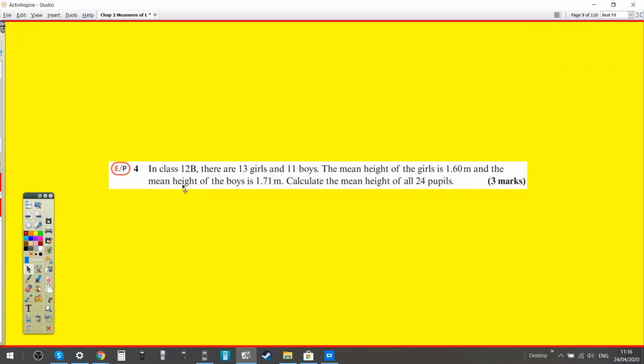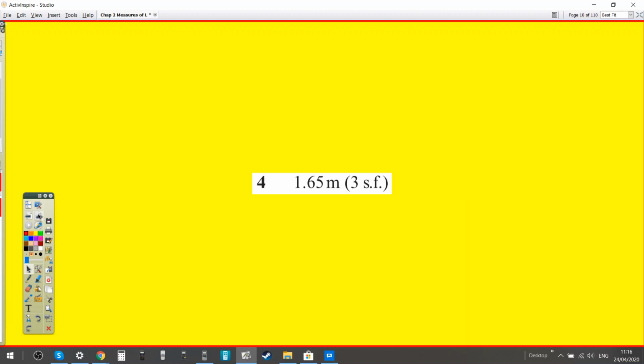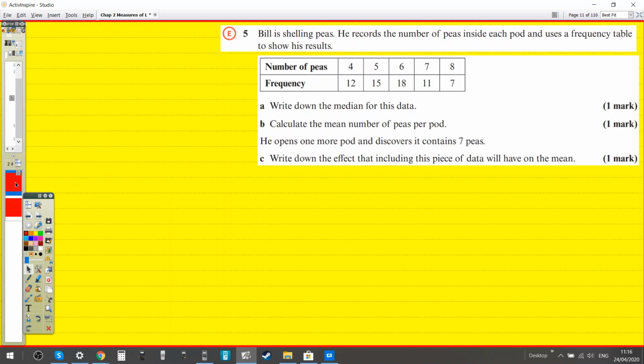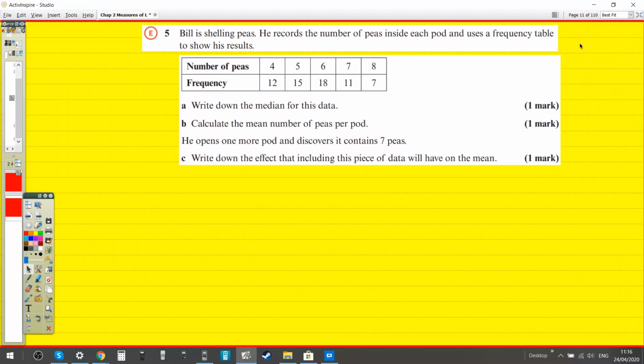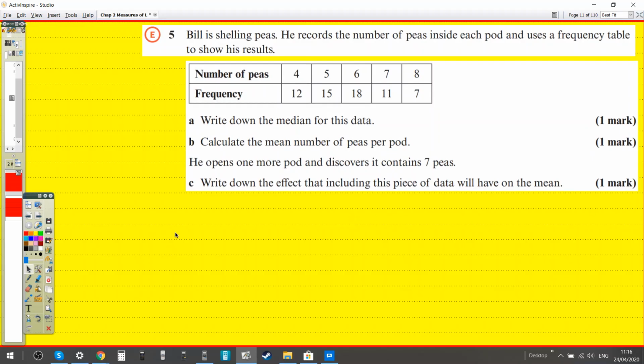Let's see. Okay, exam question. You'll be fine for that. Okay, so let's try this exam question. I'm guessing I can just put that into my calculator, can't I?